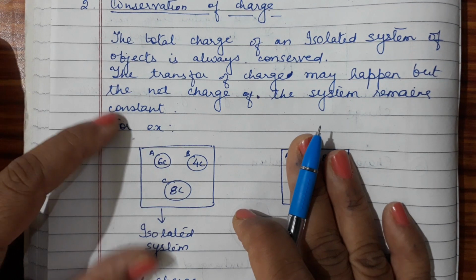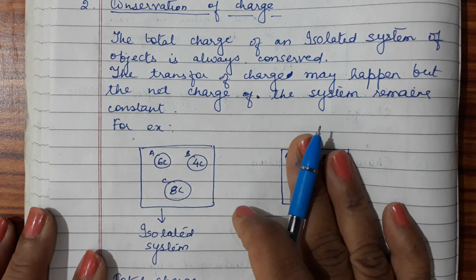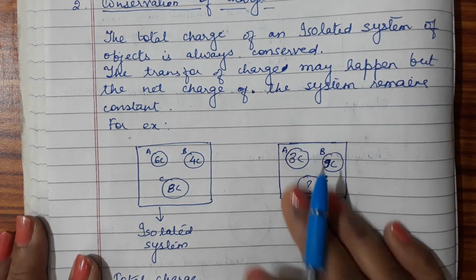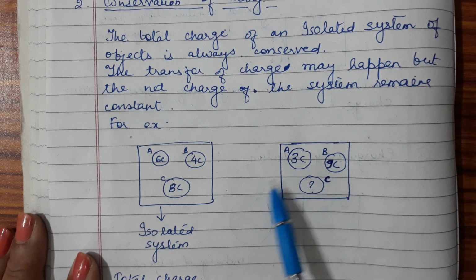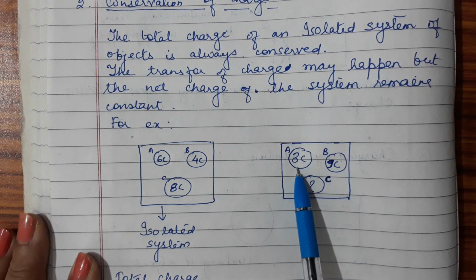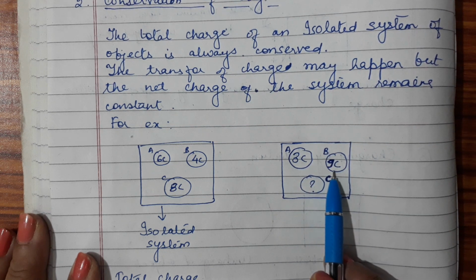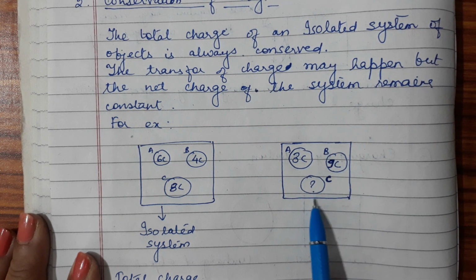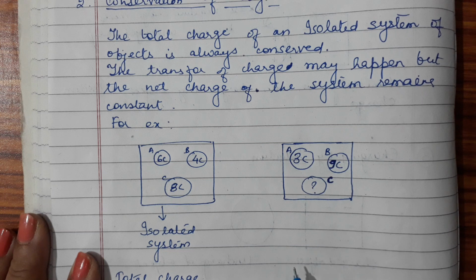Now if we shake this system for some time and bring it to rest, after some time we find that object A has 3 coulomb of charge and object B has 9 coulomb of charge. So what will be the charge on object C?